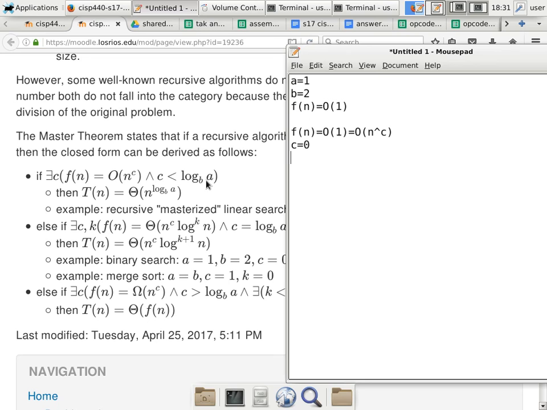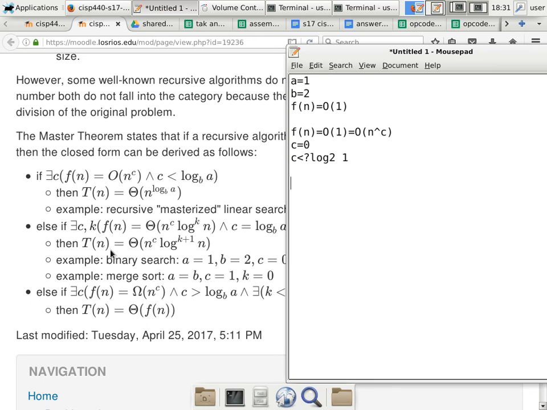So I'm going to put a question mark here: is c less than log base 2 of 1? But the answer is no, because 0 is not less than 0. Regardless of which base you choose, the log of 1 is 0. So it doesn't fit this particular criteria.